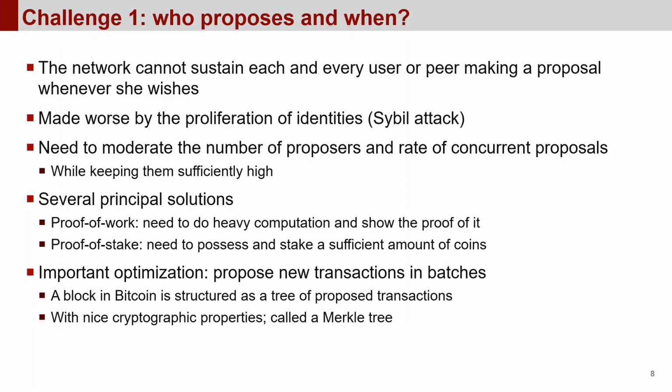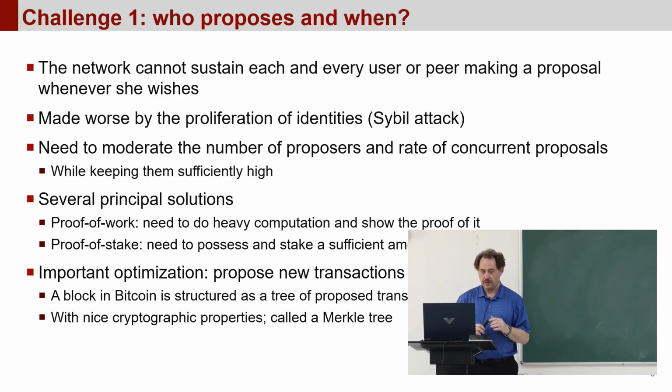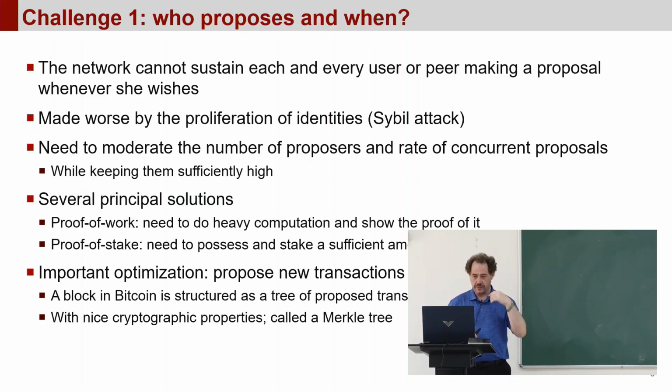Okay, so let's start from the question of how we keep the number of proposals and the rate of concurrent proposals down. There are several principal solutions. I'm going to talk about them today. But Bitcoin uses proof of work. What is proof of work?